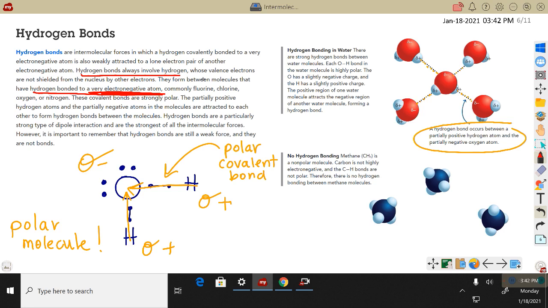Typically, we think of it as FON. And I guess you could argue chlorine, but typically we say hydrogen bonding is FON. You've got to have hydrogen bonded to either fluorine, oxygen, or nitrogen. What's so special about F, O, and N?